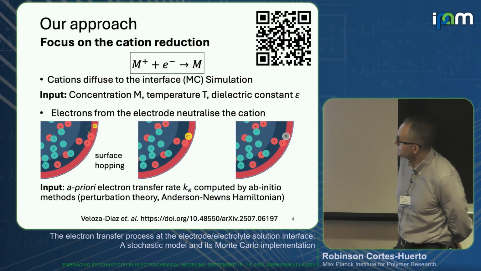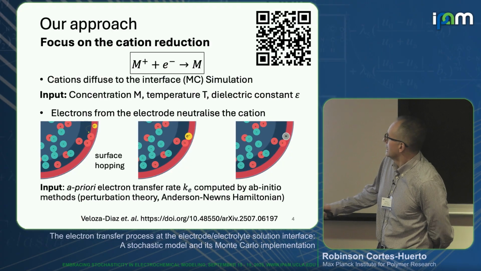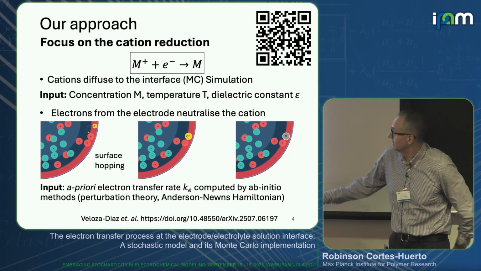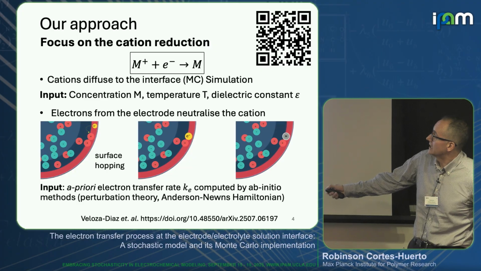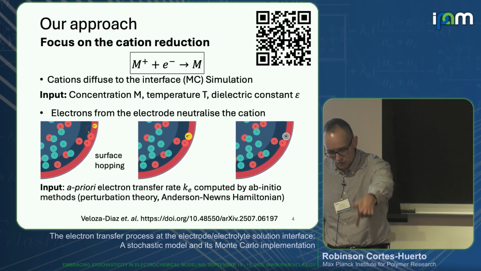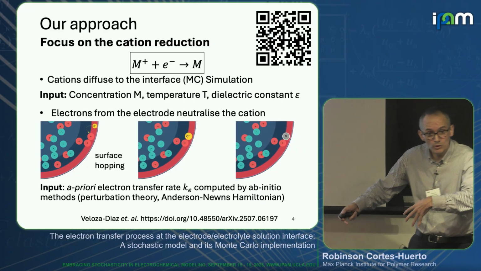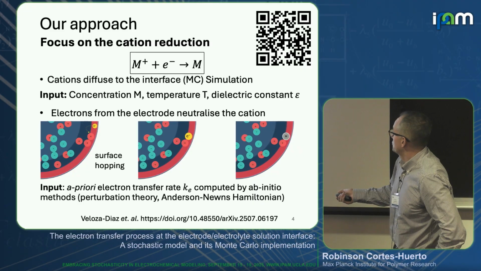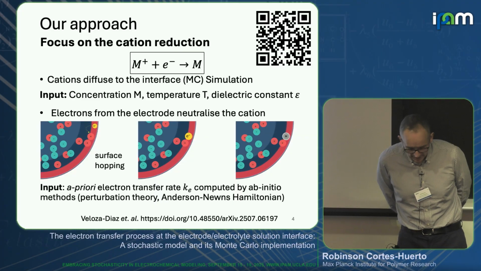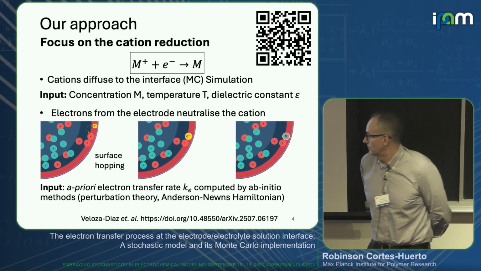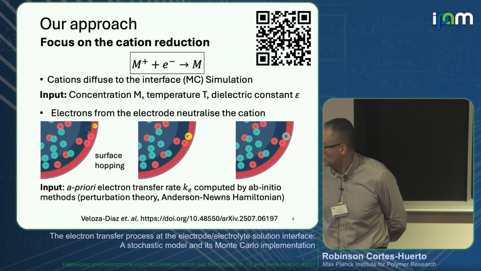Another input parameter is the electron transfer rate, related to the inverse of the time it takes for the electron to jump into the cation. This is a parameter in our model, but it can actually be computed using more sophisticated methods like perturbation theory, or perhaps something based on the Anderson-Newns Hamiltonian.